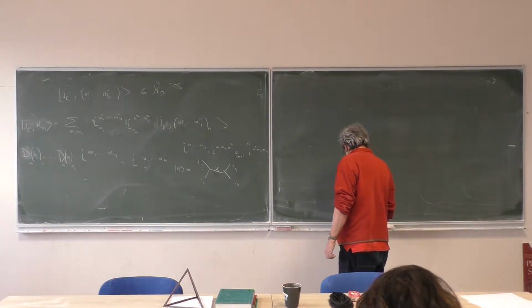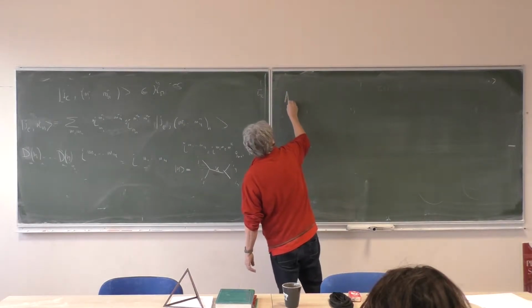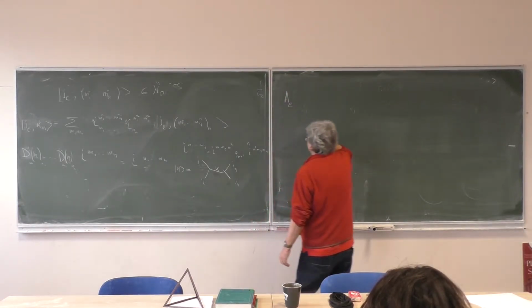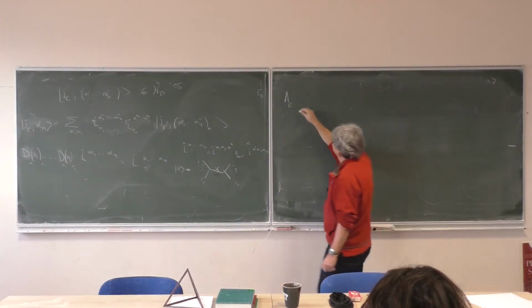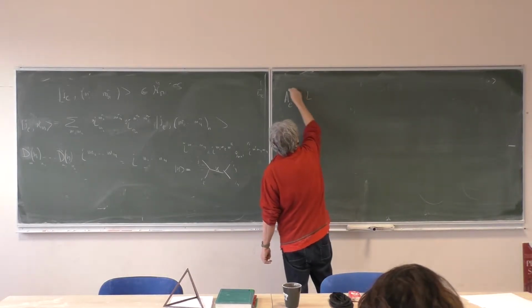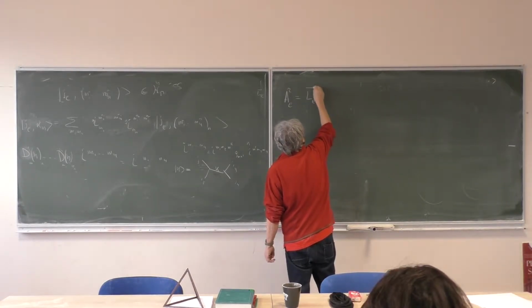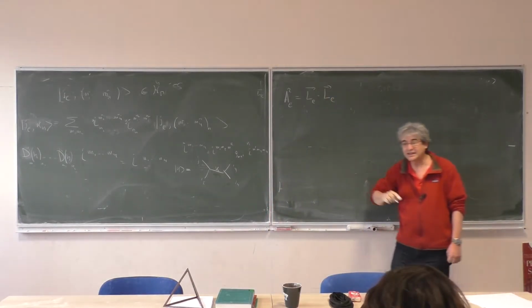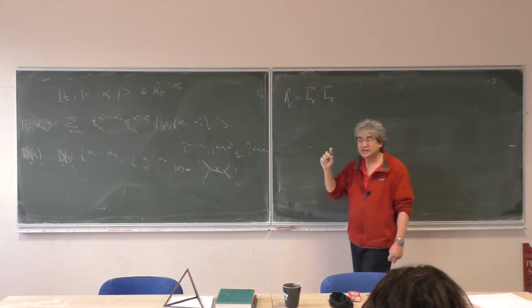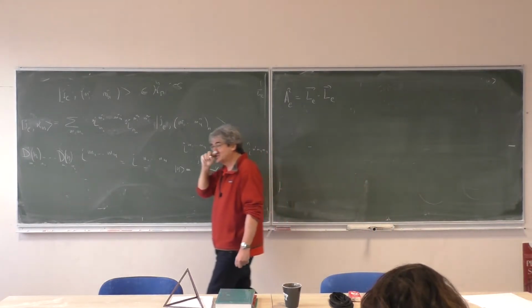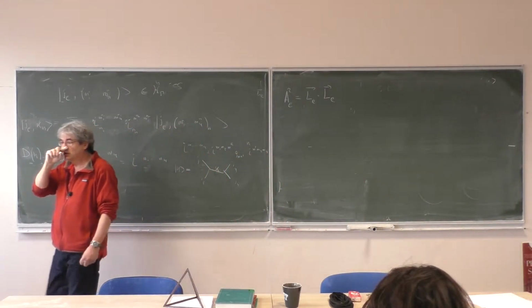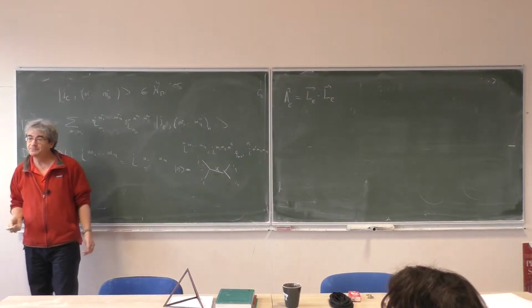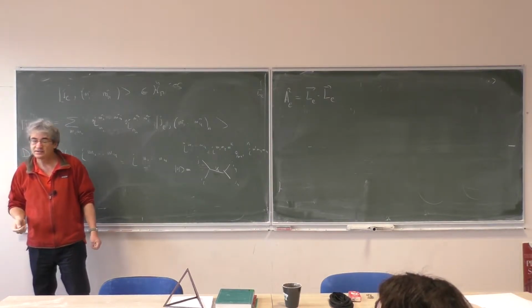So let's look at the first operator, A L. So what is this? A square L is this. And we already looked at this object when we just had one SU2. It is a Casimir, right?